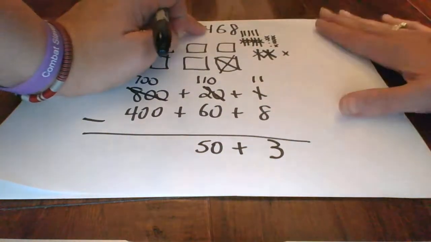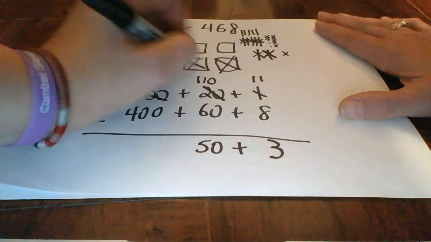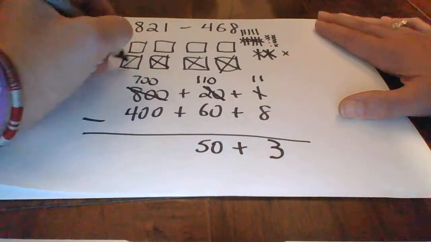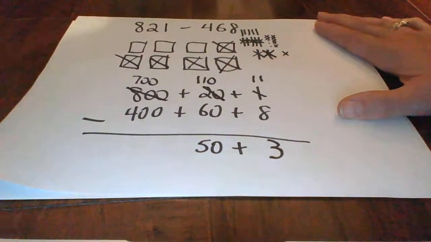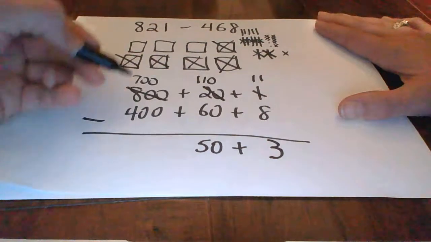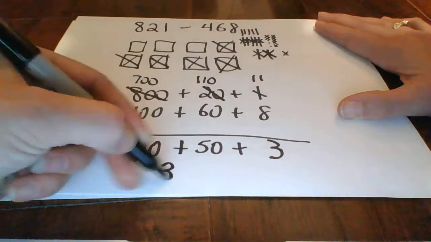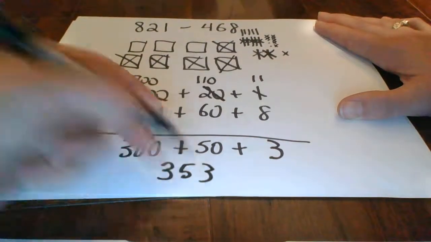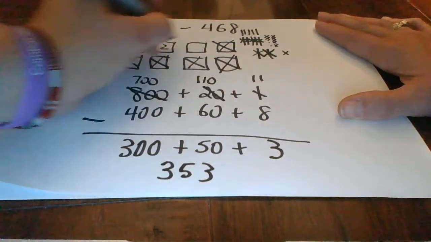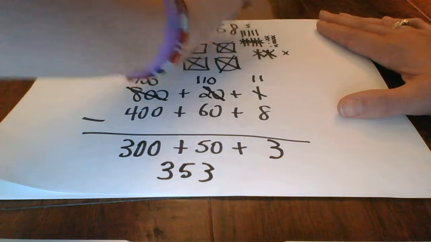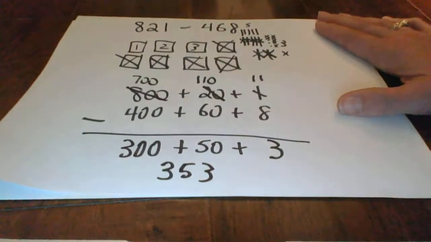I'm taking 4 additional hundreds away. So 2, 3, 4. So 700 minus 400, I'm left with 300. So my answer is 353. And just like here, I have 1, 2, 3. I have 5 tens, and I have 3 ones.